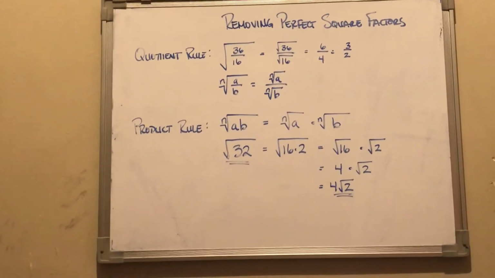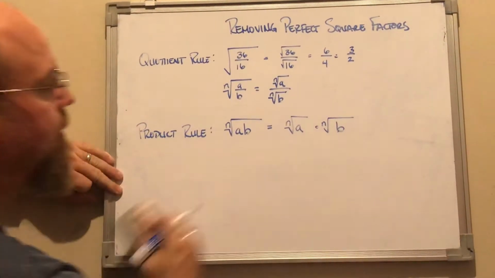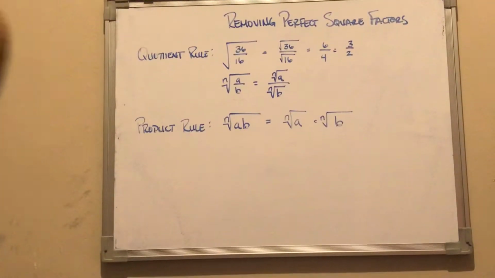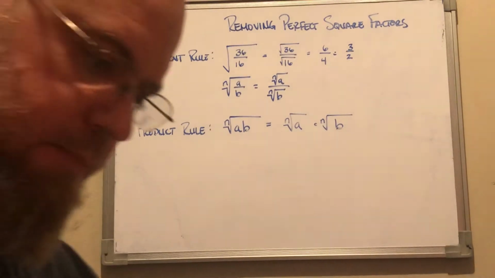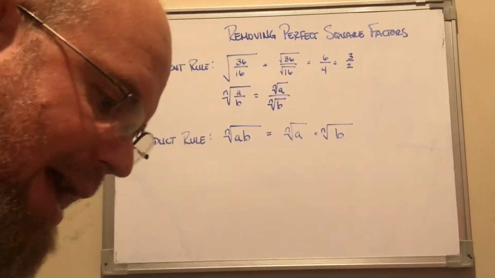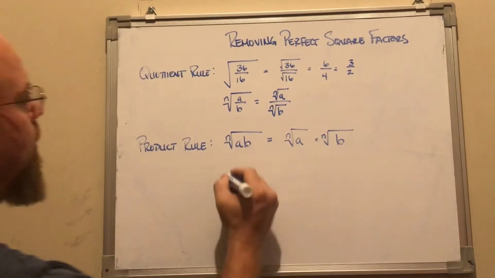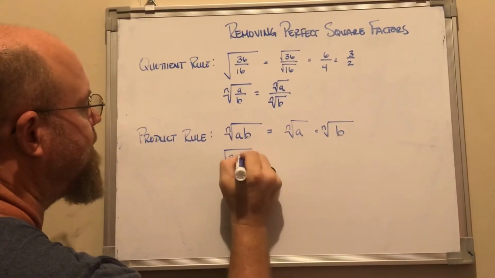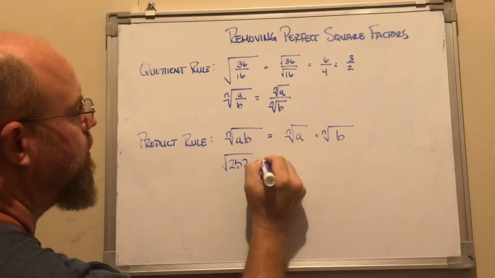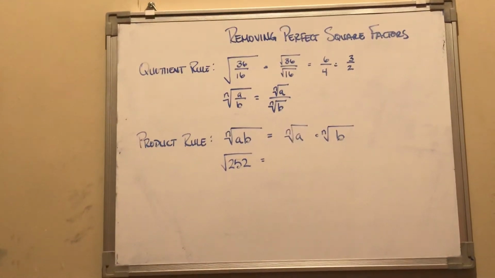We just looked at example 8.2a. All right. So let's look at example 8.2b, where we have the square root of 252. Well, do we know what the square root of 252 is?